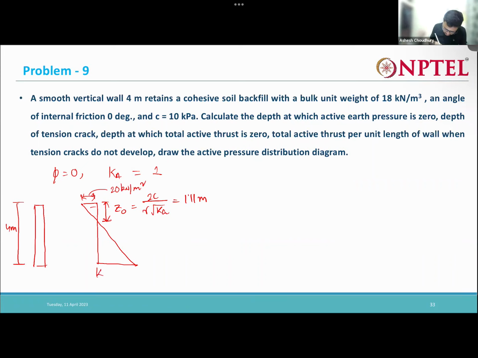And what is this value? Can you tell? K into gamma into H minus 2C root over K. Right. So how much will this be? 1 into gamma is 18 into 4 minus 2 into 10, 52.